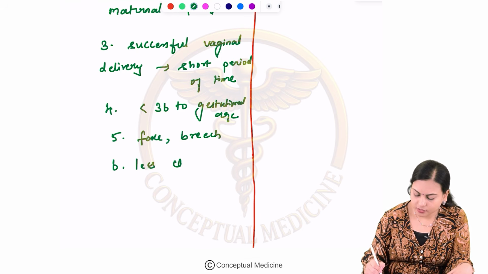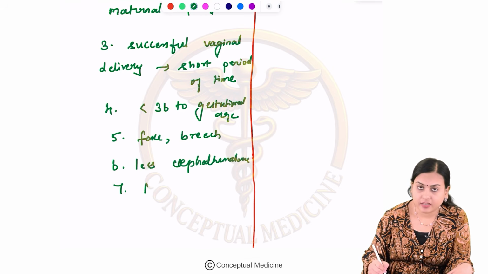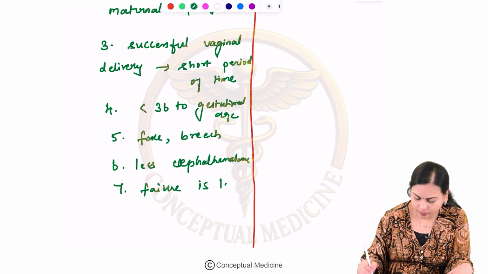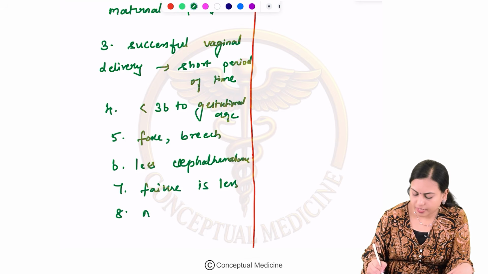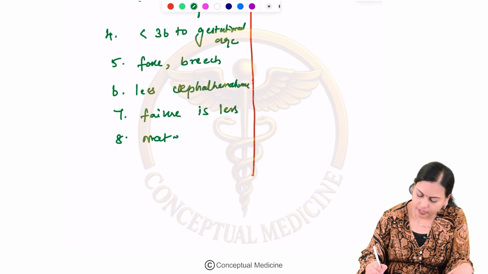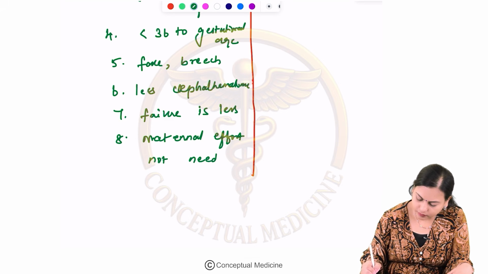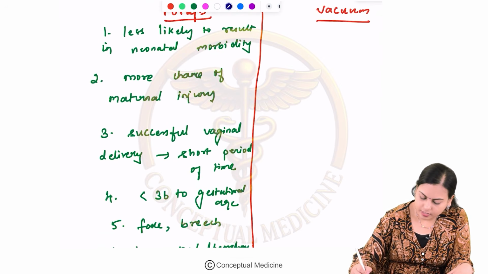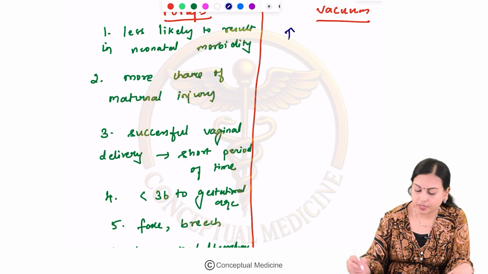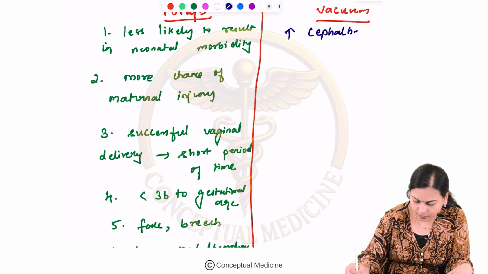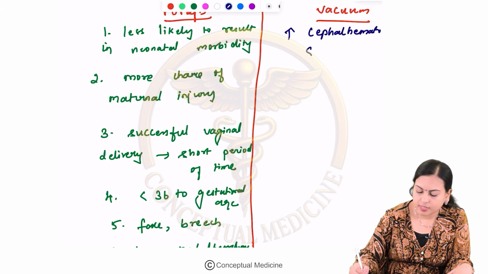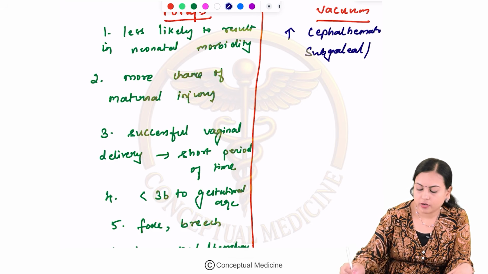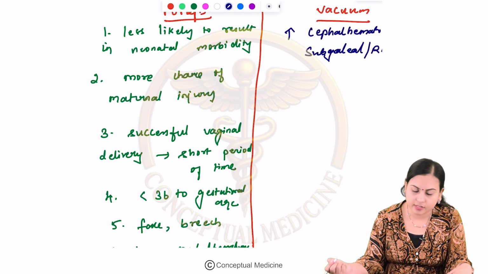There is less chance of cephalhematoma. The failure is less and maternal effort is not needed in case of forceps. Whereas in vacuum, there is an increased incidence of fetal morbidities like cephalhematoma or subgaleal hemorrhage or retinal hemorrhage as we have discussed.